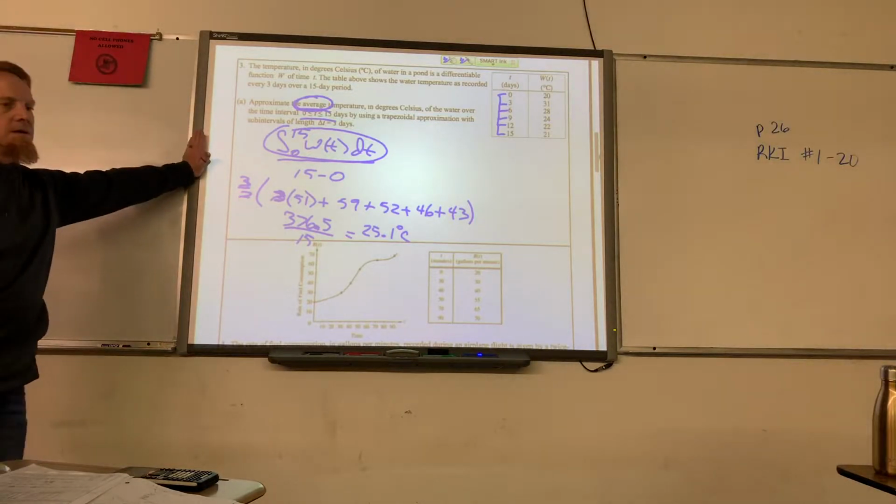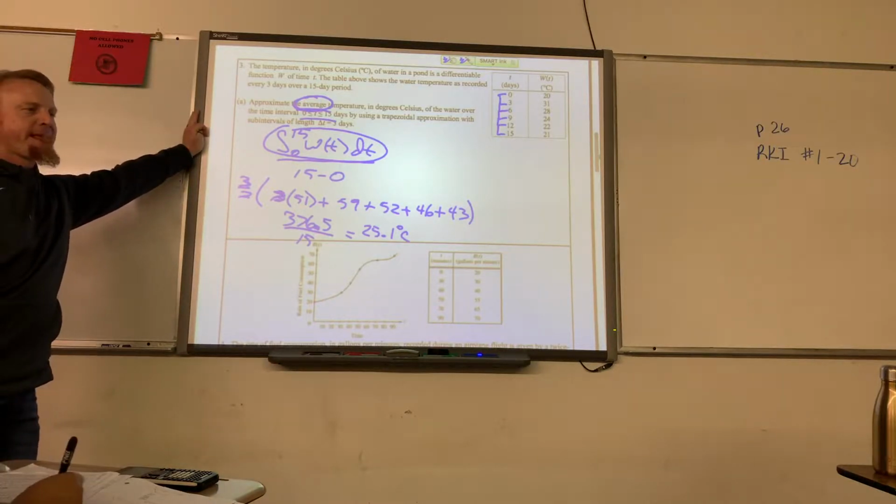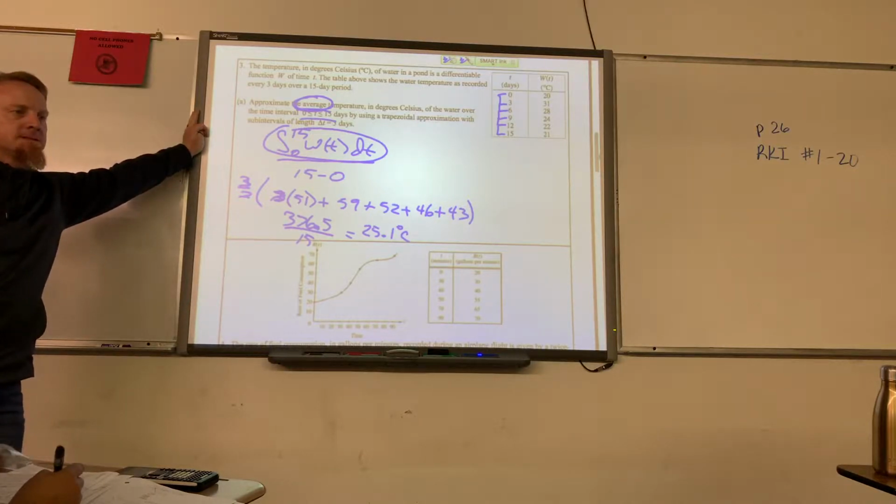Say you have a decrease, so you do a right Riemann sum, and say you go from 60 to 30 on your value, so that means you're decreasing. Would you put minus 30? If you're doing trapezoid, you're adding them together. No, I'm saying for when you're not doing trapezoid.